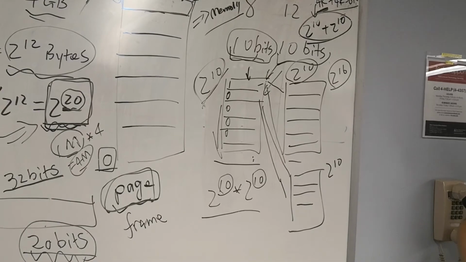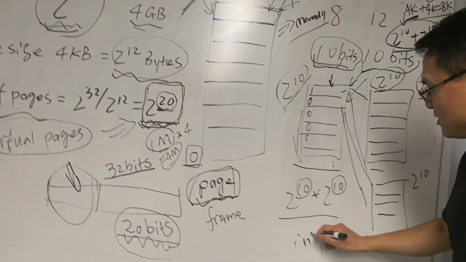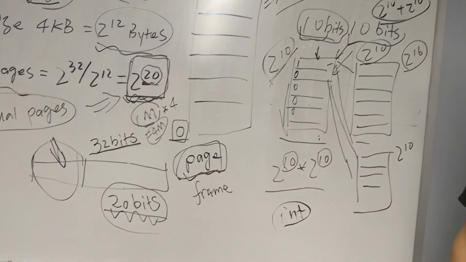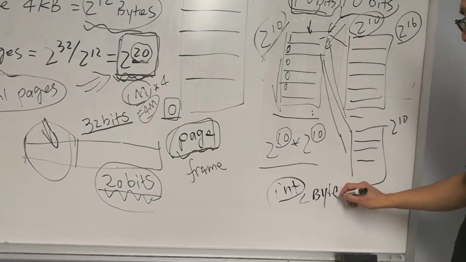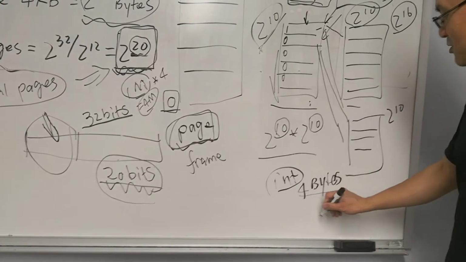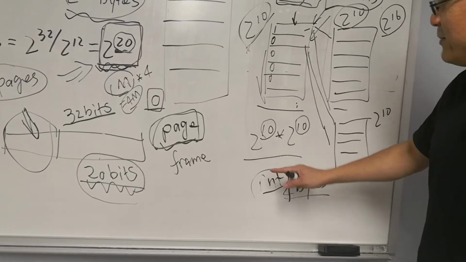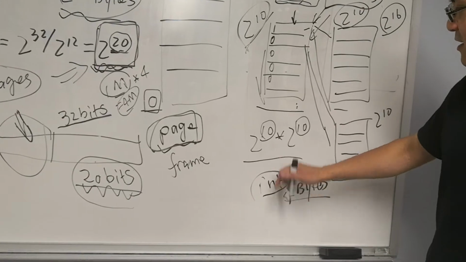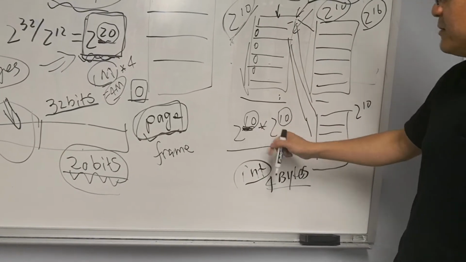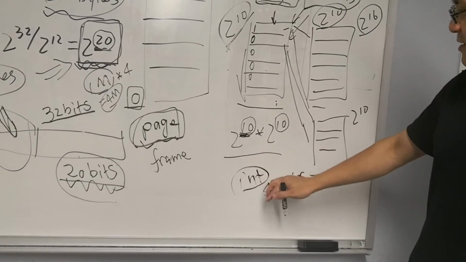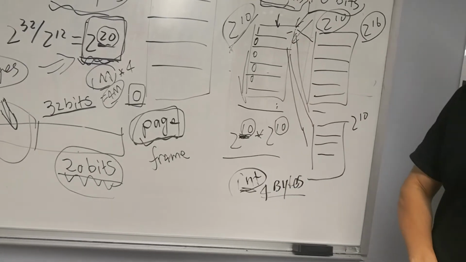Of course, in your programming you always deal with integers, and an integer is always 4 bytes, so that's still 32-bit. You will use an integer to remember each entry for the first level. You only need 10 bits, so only the lowest 10 bits in an integer to remember each entry.